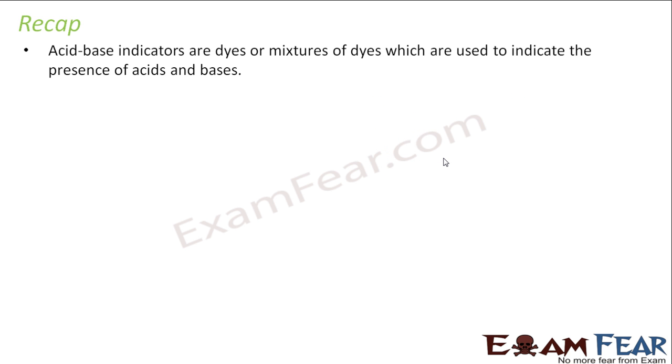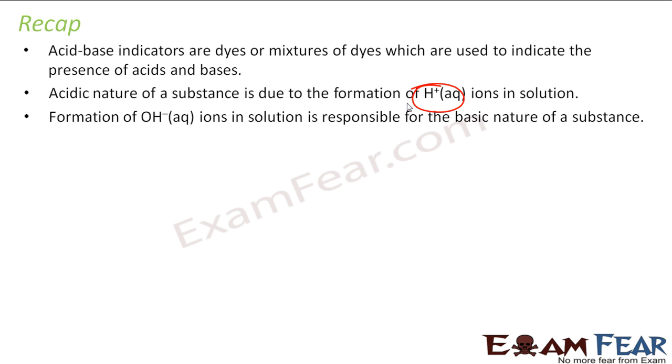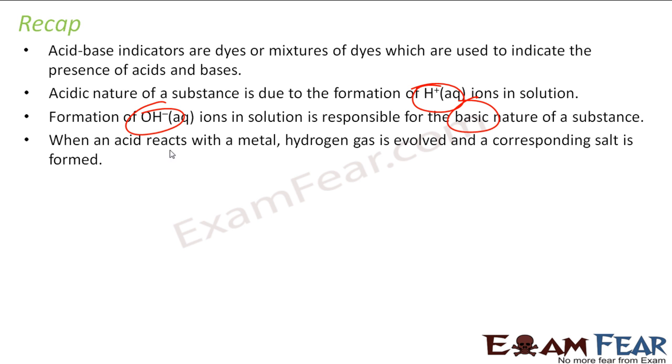Let's do a recap. Acid-base indicators are dyes or mixtures of dyes which are used to indicate the presence of acid and base. The acidic nature of a substance is due to the H+ ions in the solution. Formation of OH- ions is responsible for the basic nature. When an acid reacts with a metal, hydrogen gas is evolved with a salt.